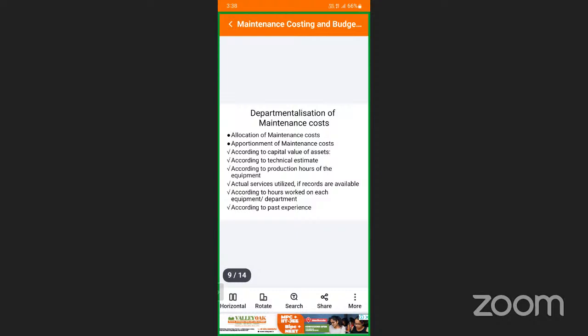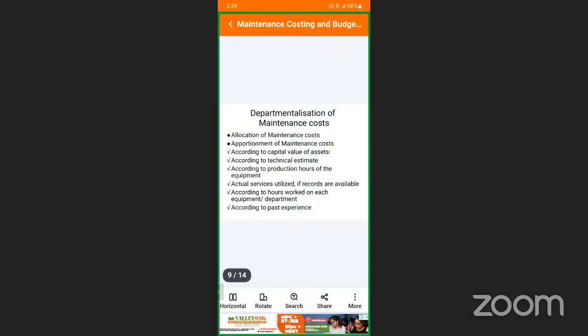We had taken an example of my college, right? We have 14 departments. Suppose the maintenance department's cost is 10 lakhs for a year. How much out of the 10 lakhs will come to the MBA department? How much cost is to be borne by the commerce department? How much by the sciences and arts?